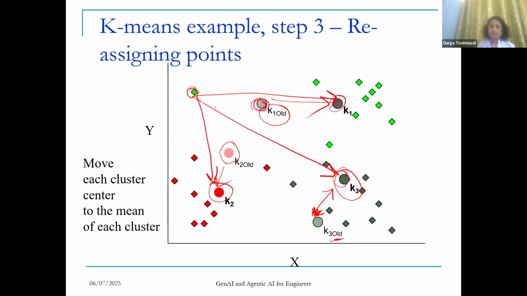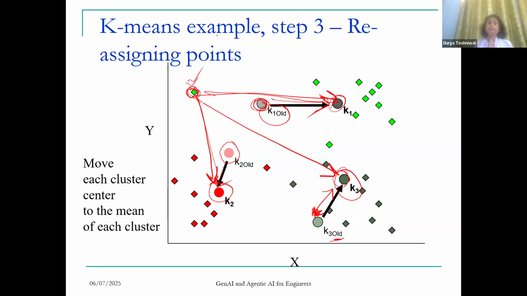But now the distance between this point and the new K1 is larger than the distance of this point with respect to K2. Or in other words, once we have iterated with the new means and then try to find the distance between the points and the new cluster centers, some points might change the cluster. And this point is one such point.